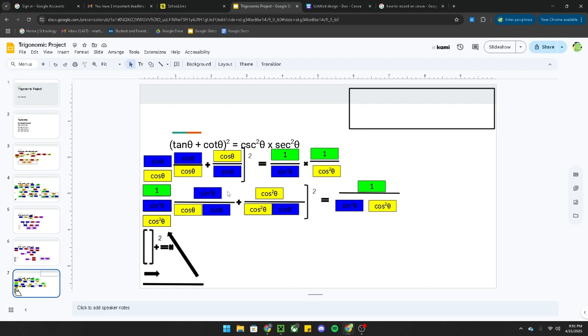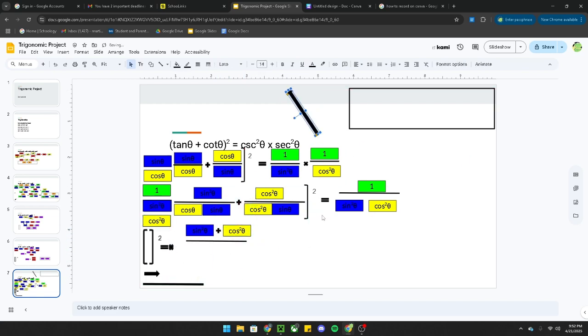Then you will combine both of these. So it'd be sine squared plus cosine squared over cosine times sine, all in a thing, squared equals 1 over sine squared times cosine squared.